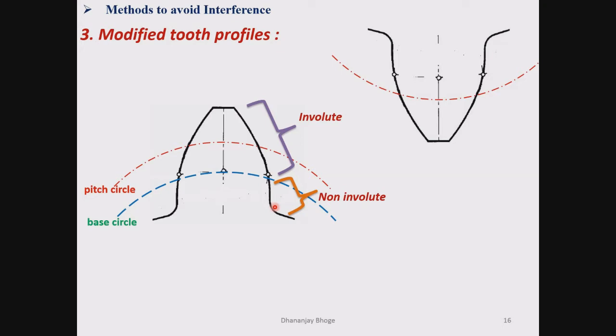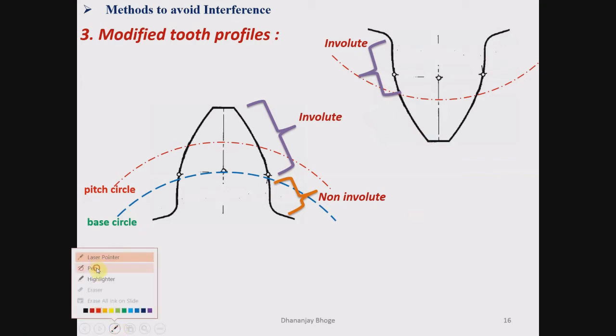And for mating teeth, if we consider the portion below the pitch circle to be involute, now this portion, the face of the teeth number 2, let us call this teeth number 2. Now this face of teeth 2 will mesh with the flank of teeth 1, and the portion of the flank of teeth 1 below the base circle is non-involute.